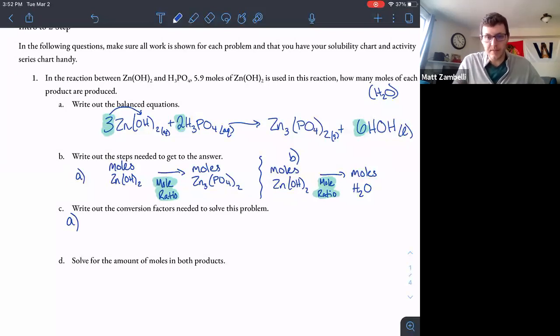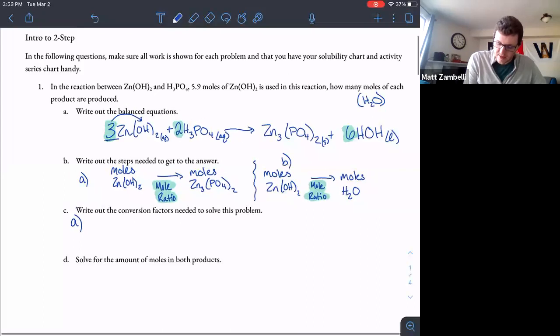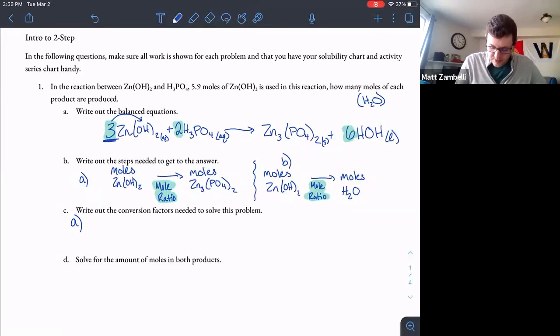Awesome. We used the coefficients. Perfect. So we're going to use those coefficients. So the moles of zinc hydroxide is going to be that 3 right up here. So 3 moles of zinc hydroxide are needed for that reaction to happen. And how many moles of zinc phosphate are we going to make?